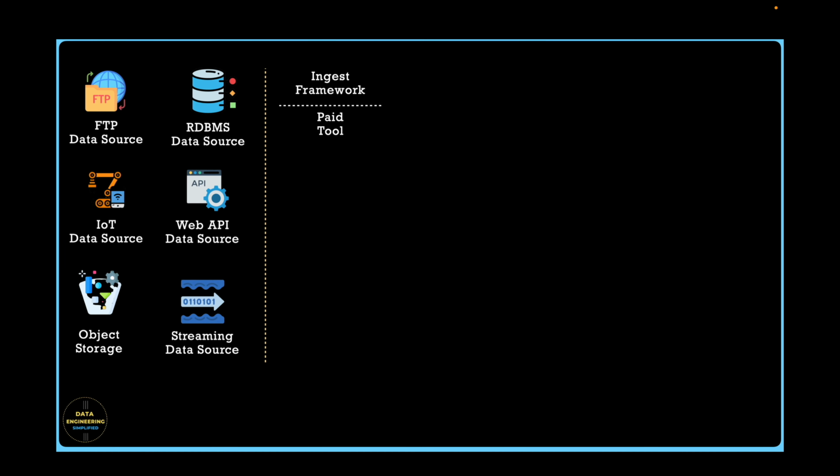The second layer is the data ingestion layer. Here, a platform team may have developed an ingest framework or might be using paid tools. Commonly used tools include Apache Sqoop for data export and import using JDBC library, Spark Read library for reading data from JDBC, file system, or streaming platform. Additionally, utilities may be built using JDBC or ODBC libraries, Python libraries, or Kafka running KSQL to consume and ingest data from different data sources.